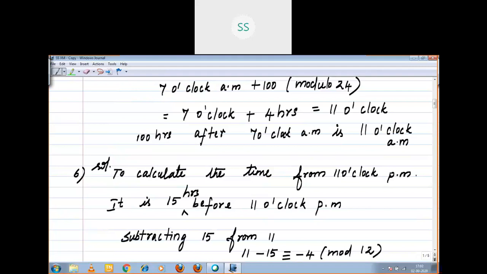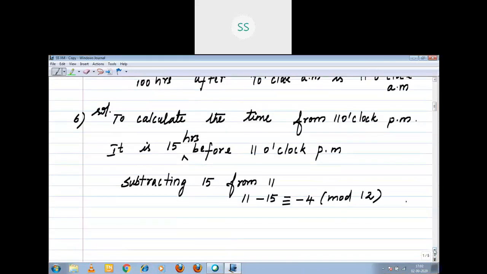Because it is before 11 p.m. Modulo 12, which is congruent to 12 minus 4 modulo 12.